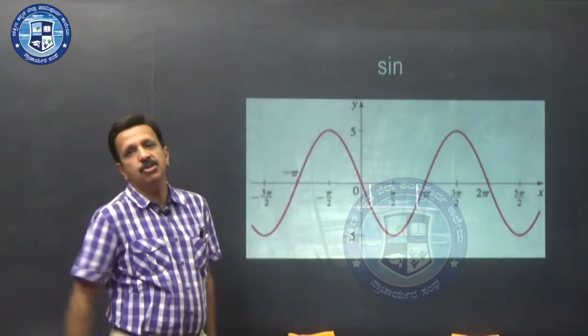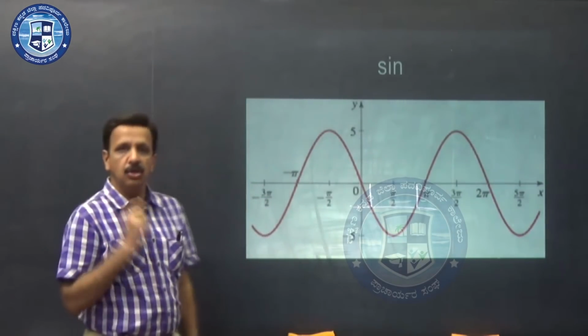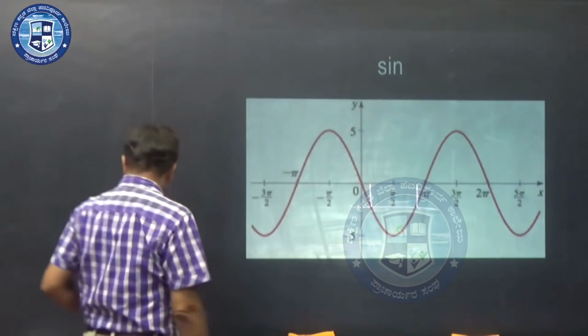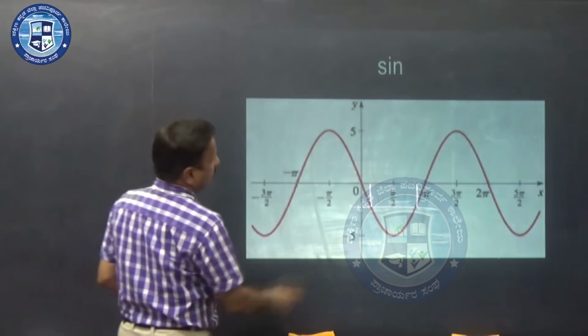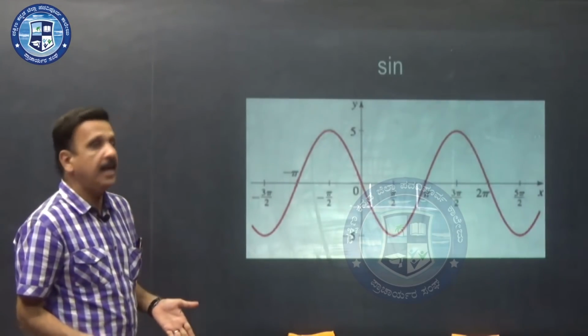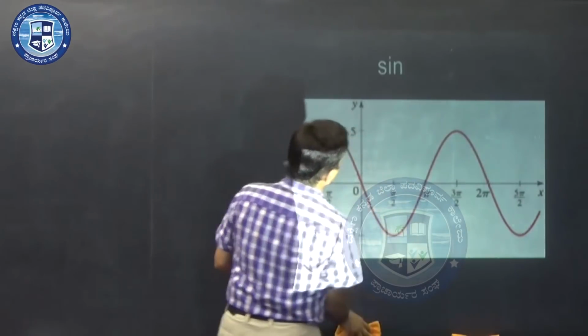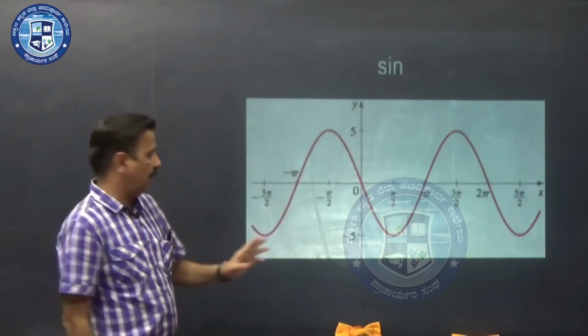For an inverse function to be defined, it has to be bijective, both one-one as well as onto. Therefore, sine inverse is not defined between 0 to pi. Sine inverse is an angle, and its range is between minus pi by 2 to plus pi by 2. I had explained it very well earlier.